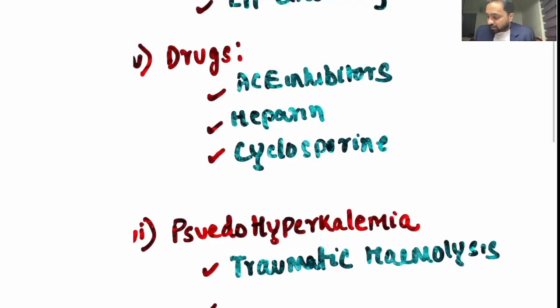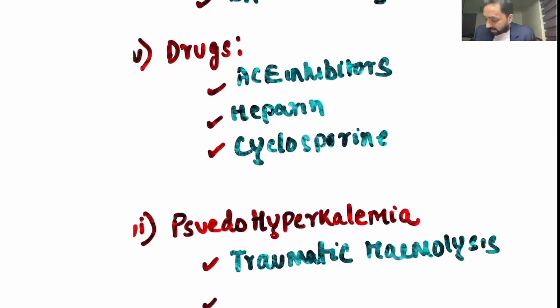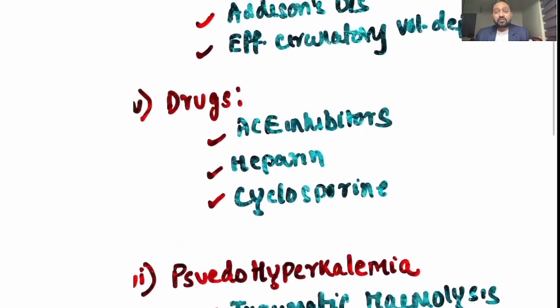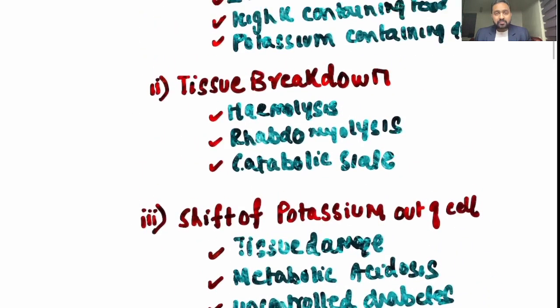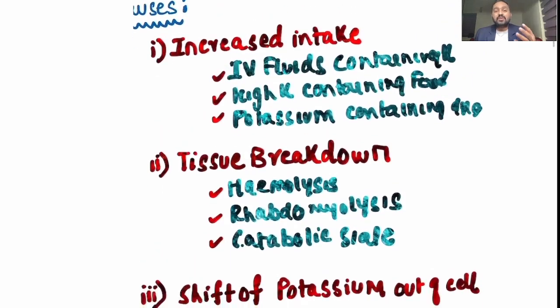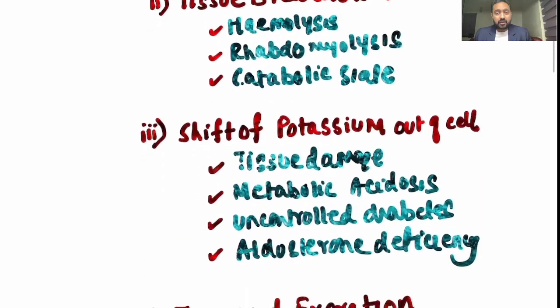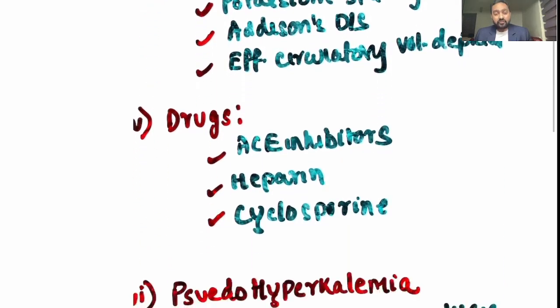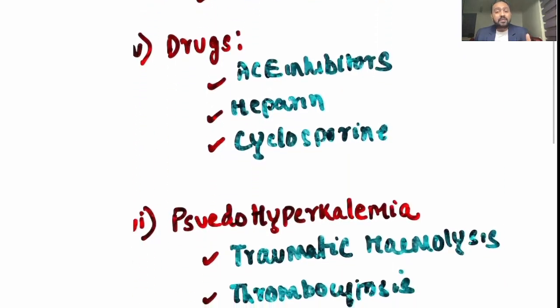Another important cause of pseudohyperkalemia would be thrombocytosis. So these are a few of the causes of hyperkalemia. If you remember it using increased intake, tissue breakdown, shift of potassium out of cell, impaired excretion, drugs, and pseudohyperkalemia, it would be quite easy to remember.